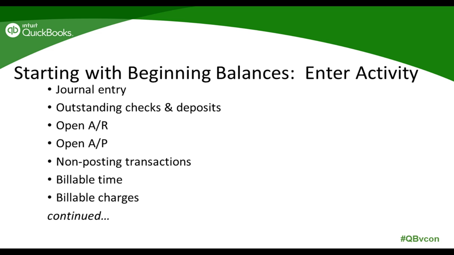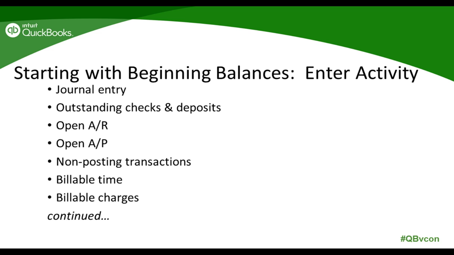And on this journal entry, you're going to offset everything to the opening balance equity account. This is your offset account. And as we go through these steps, you'll see that the final step is to make sure that this account is zero. This account is only used for setting up the books, and it should net to zero at the end of all this. Okay, so the second step is then to enter outstanding checks and deposits.